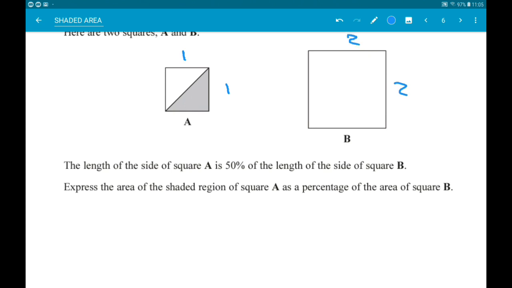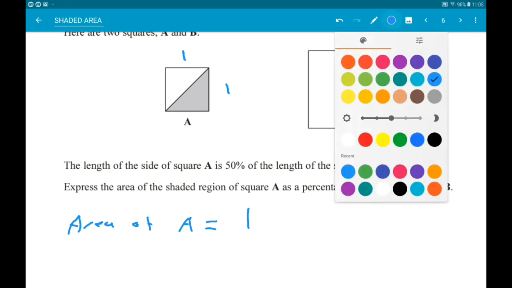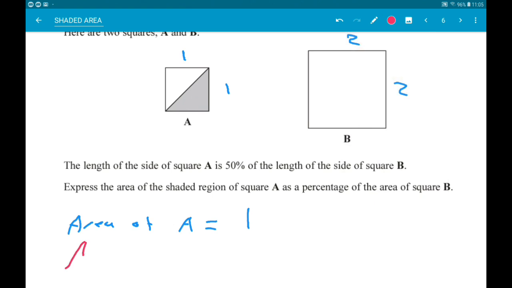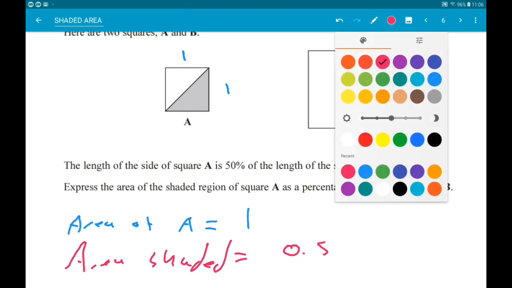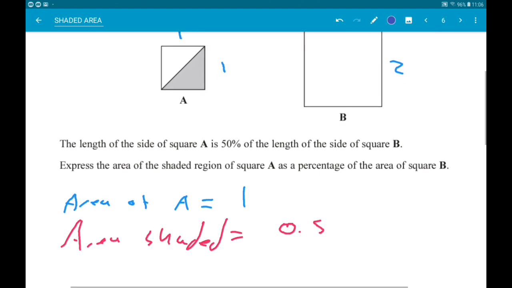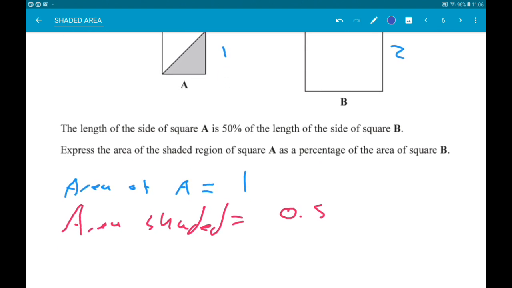Now, from that, we can work out the area of A. So that would just be 1 square unit, which means the area of the shaded part is going to be a half of that, so 0.5. And the area of B is going to be 2 times 2, so 4.